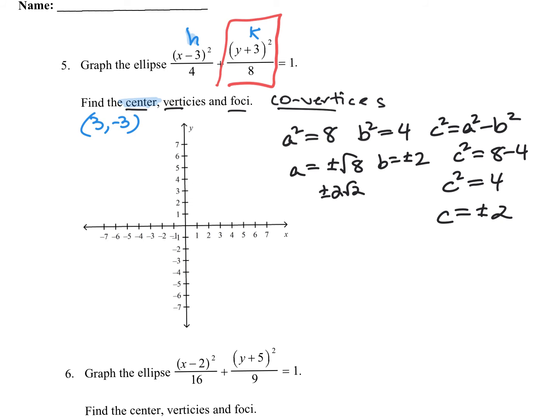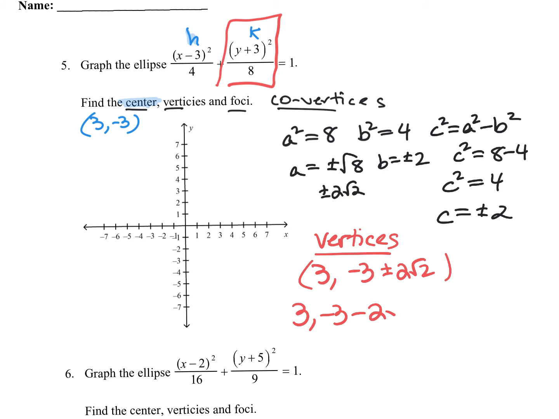So for my vertices, I'm going to take my center and add and subtract the A value, which is 2 radical 2. So I'm going to get 3 comma negative 3 minus 2 radical 2, and 3 comma negative 3 plus 2 radical 2. Those are my vertices.